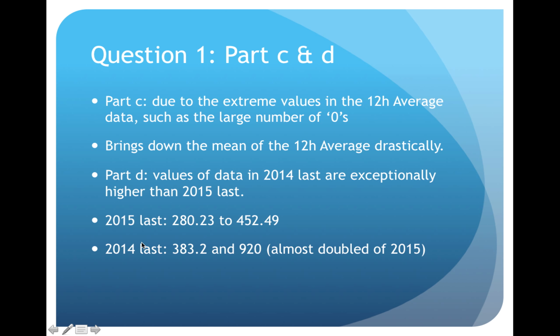As you can see, in 2015 last we have 280.23 to 452.59. However, on the other hand, in 2014 last we have a whopping 383.2 all the way to 920, which is almost double of 2015.